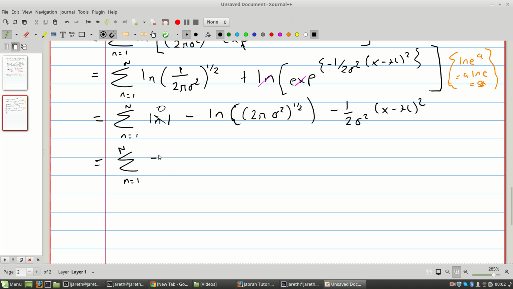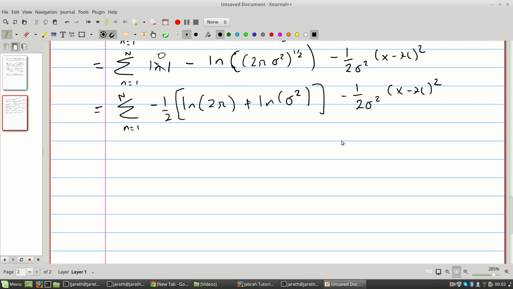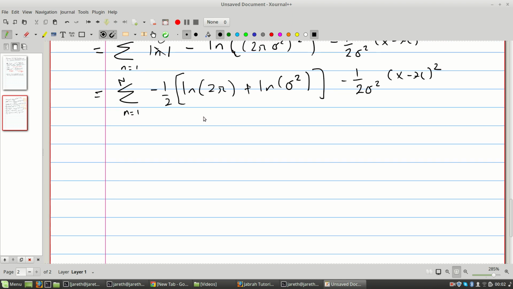So we can have minus 1 over 2 ln of 2 pi, I'm now just separating the product of these ln's, 2 pi plus ln sigma squared, right, minus 1 over 2 sigma squared, x minus mu squared, right? So this is what we've figured out at this point. So we have made this computation. So what's next for us?